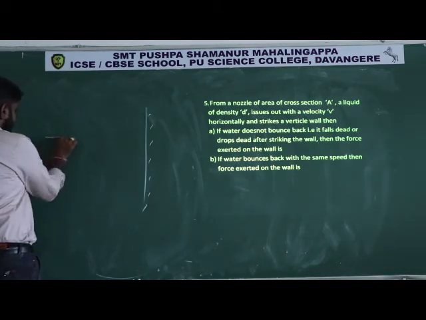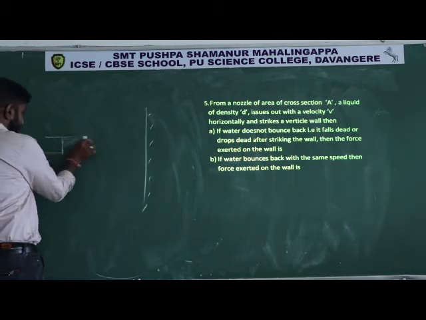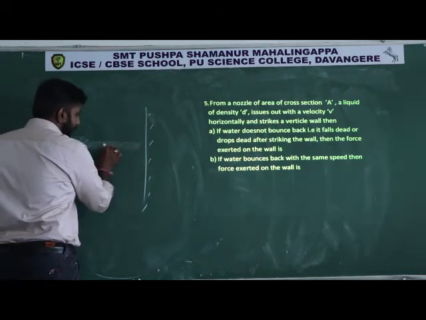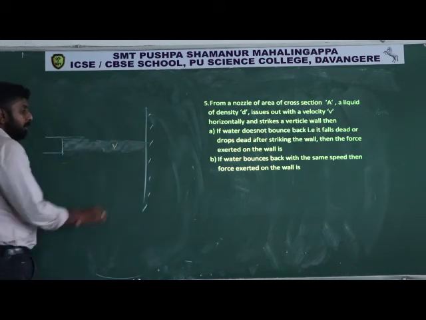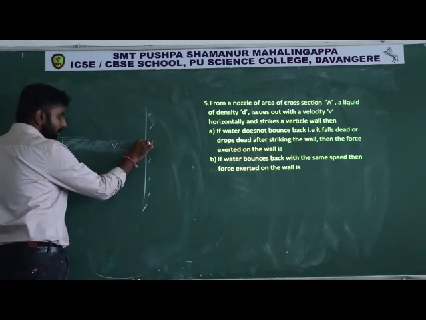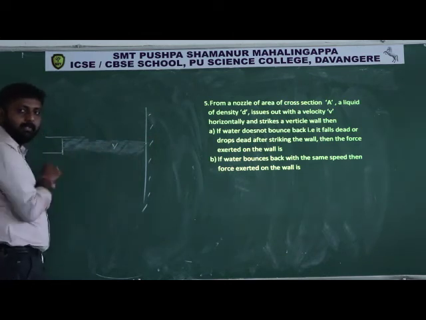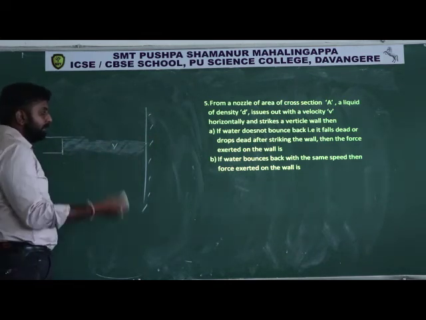From this pipe, let us consider the water is coming out and colliding with this surface with speed v. First condition, the water drops do not rebound. That means the final velocity is 0.